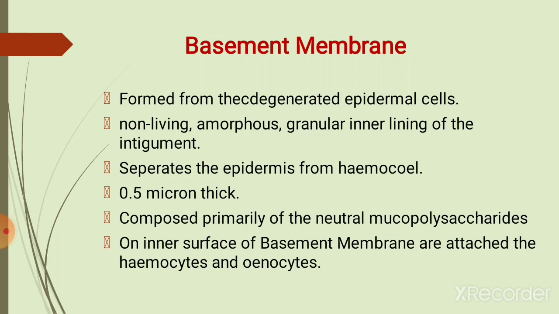It is composed primarily of neutral mucopolysaccharides. On the inner surface of the basement membrane are attached the muscle, hemocyte and oenocyte. Oenocytes are fat body cells. Sometimes the stellate tracheal cells, collagen fibrils and connective tissue fibrils are embedded in the basement membrane.